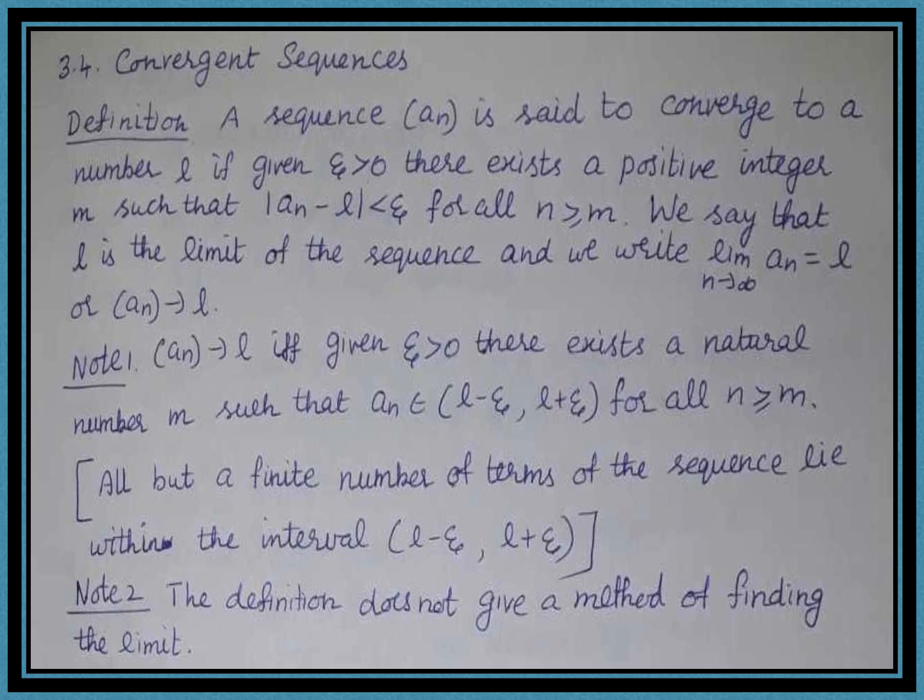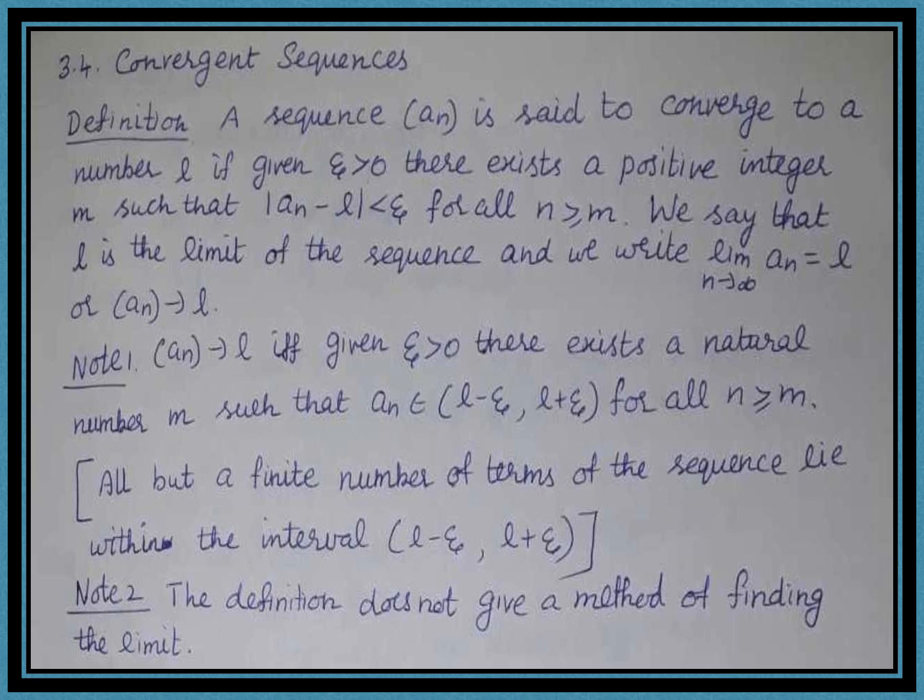And we can write it as limit n tends to infinity of an equals L, or sequence an tends to L. So, girls, whenever we are given a sequence an, if most of the terms in that sequence are nearer to a particular value L, we can say that sequence is convergent.